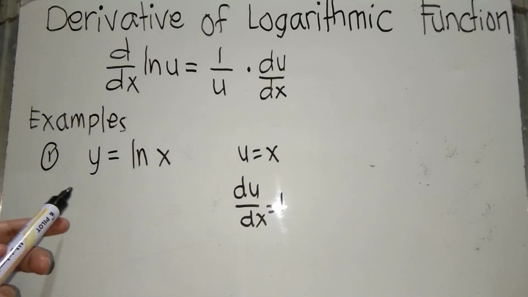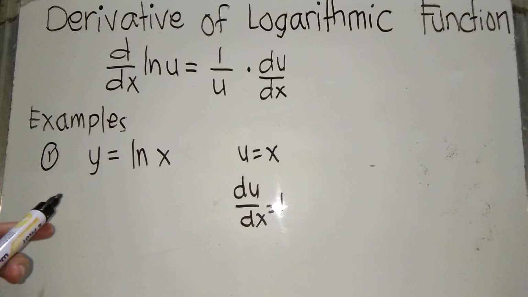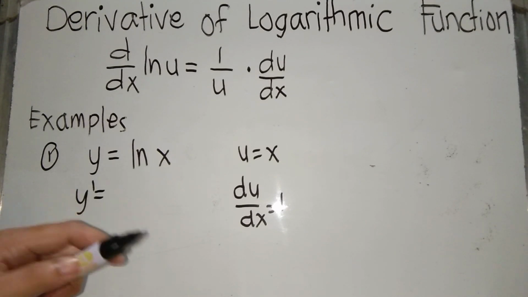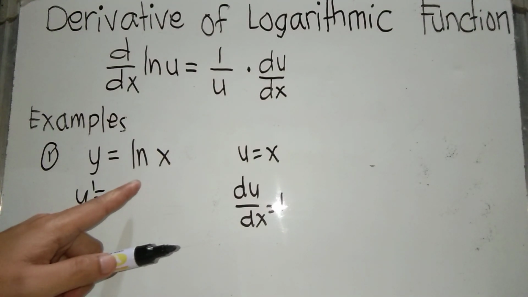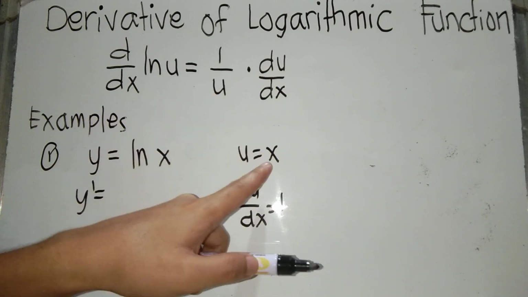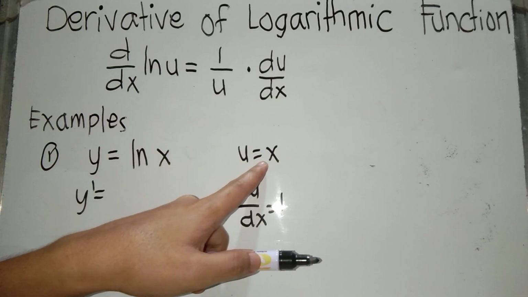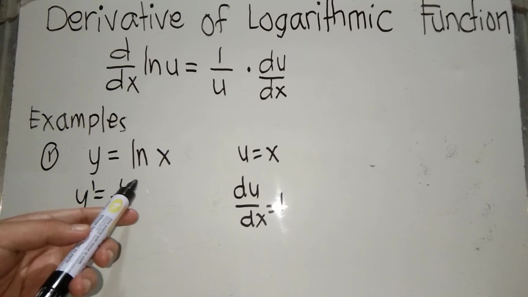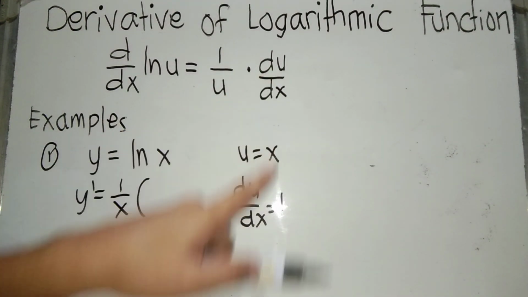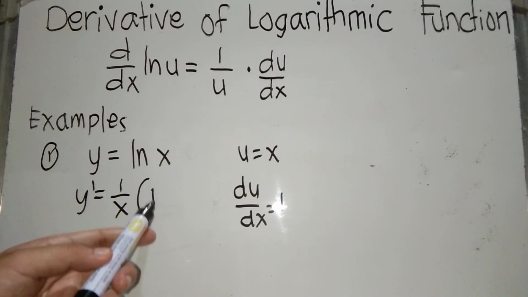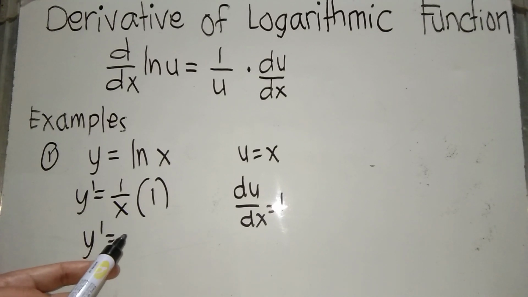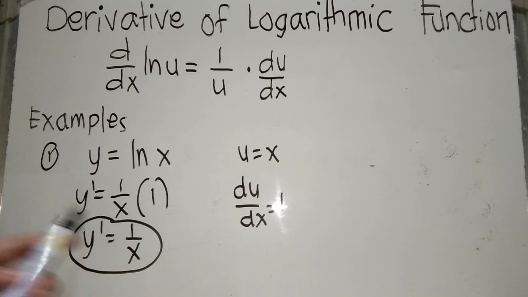So when y is equal to ln x, the derivative y prime is 1 over x, multiplied by the derivative of u with respect to x, which is 1. Simplify. 1 over x times 1 is 1 over x. This is now your derivative.